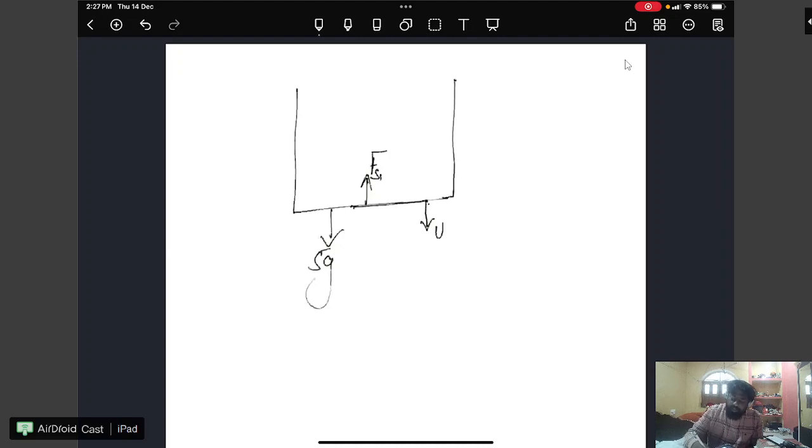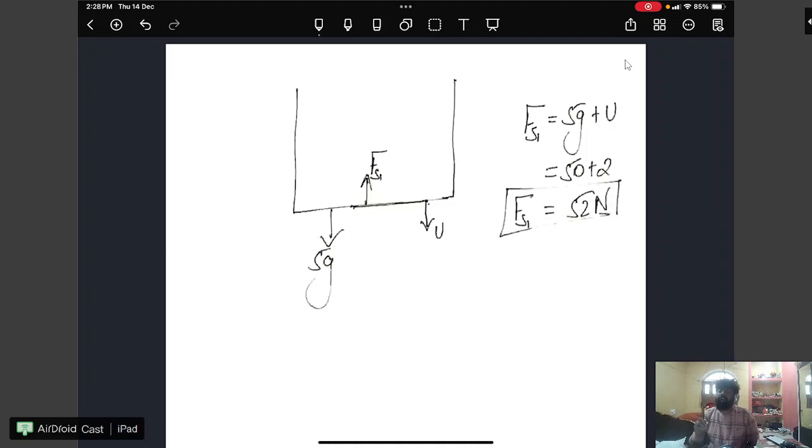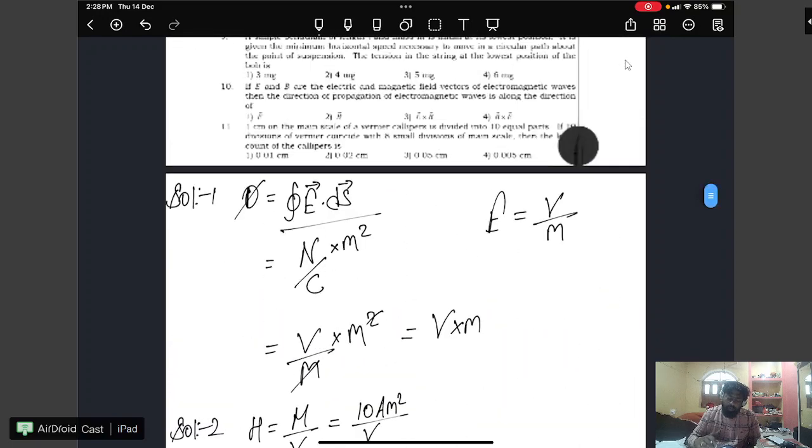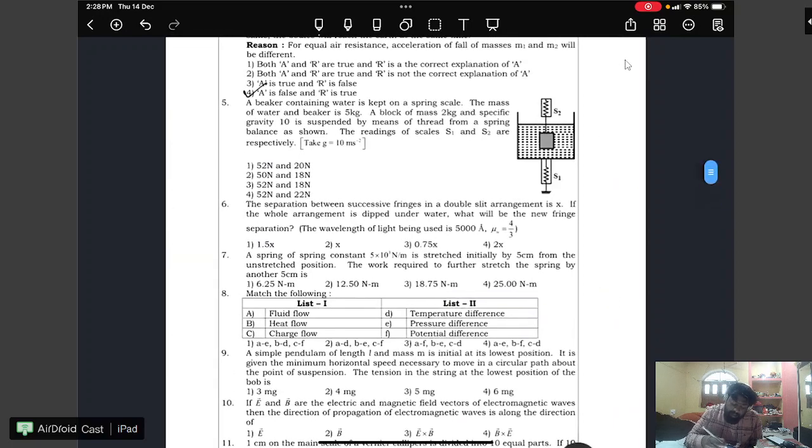Now upward force Fs1 is equal to 5g plus upthrust, 50 plus 2 Newton, 52 Newton. So Fs1 will be 52. Reading on spring 1 is 52 Newton and reading on spring 2 will be 18 Newton. 52 and 18. I hope I made it clear. Option third.